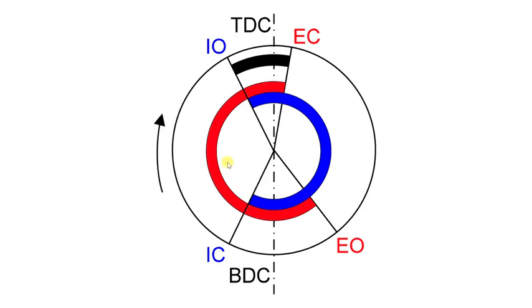Now we're going to continue rotating around, but because we've drawn in the air, we're now compressing it. As the piston moves up to top dead center, we have this thick black bar going all the way across until about 5 degrees past top dead center. This is the period where we inject fuel and where we have combustion. So we're getting our controlled explosion in this area here.